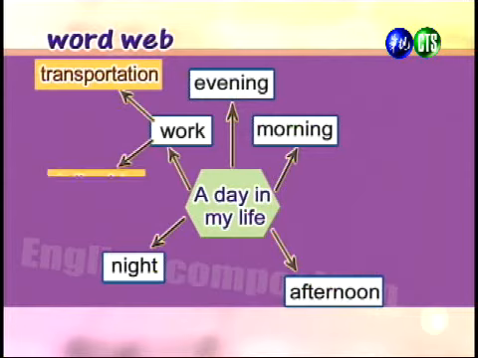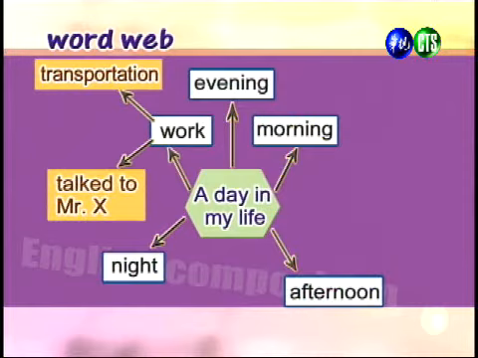This is talk to Mr. X, and this link is about the different people I talked to when I was at work. 好，那我们在工作的时候会和其他人有交谈哦，所以我们也可以想到另外一个连接是和这个 X 先生呢来做交谈。All right, let's think of some other links that we can expand here.